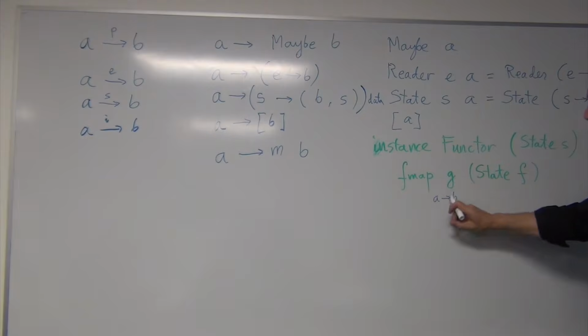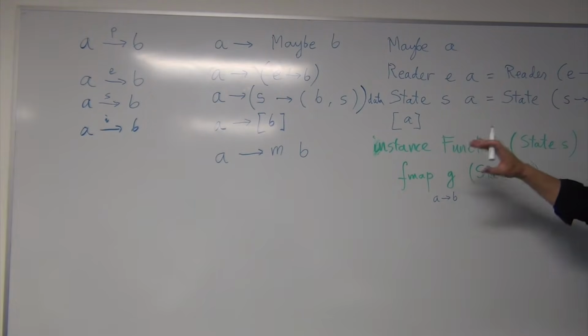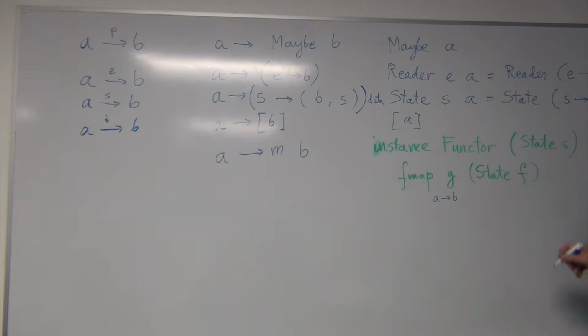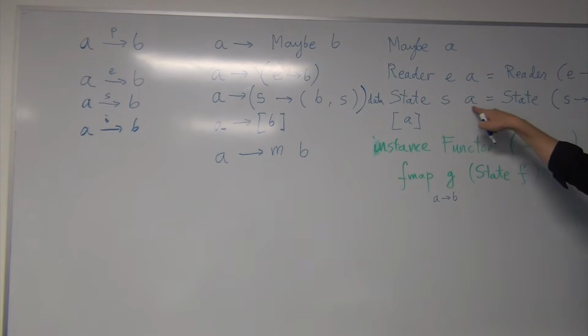Okay, so the type of g is from a to b, just like in every functor. There is a function from a to b, and then there is a type. This type is state s a, but internally it has a function.